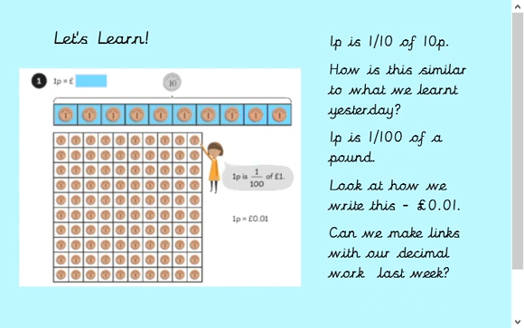Press pause now. Okay, welcome back. So showing 1 pence as a decimal, it's 0.01, exactly the same as 1/100th when we were thinking about our decimals from last week. So when you write 1 pence as a decimal number, that's what you need to write.